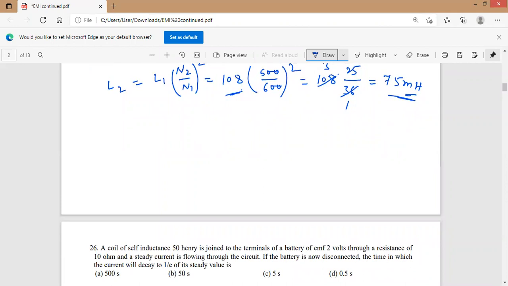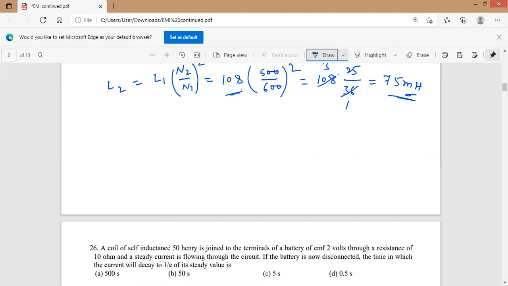Next problem. A coil of self-inductance 50 Henry is joined to the terminals of the battery of EMF 2 volt through a resistance of 10 ohm and steady current is flowing through the circuit. If the battery is now disconnected, the time in which the current will decay to 1 by e of its steady state value.